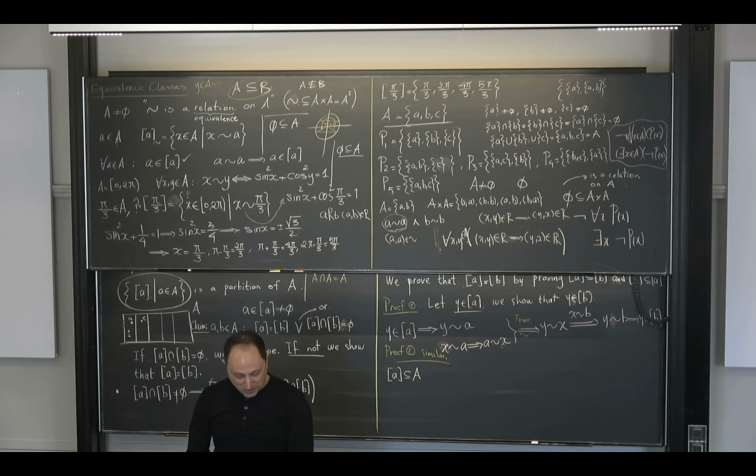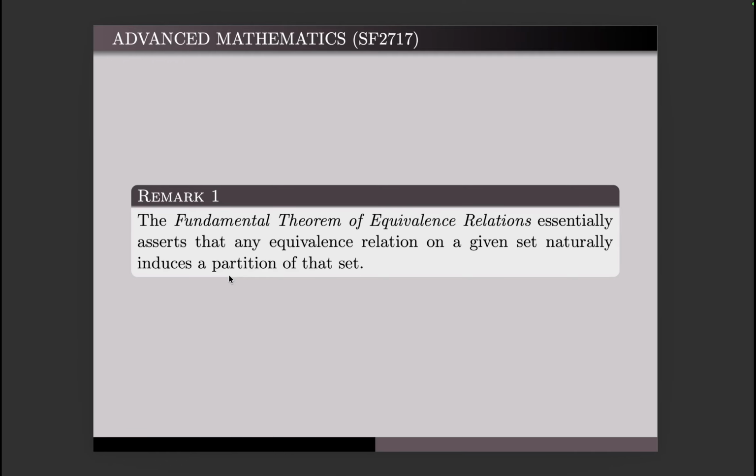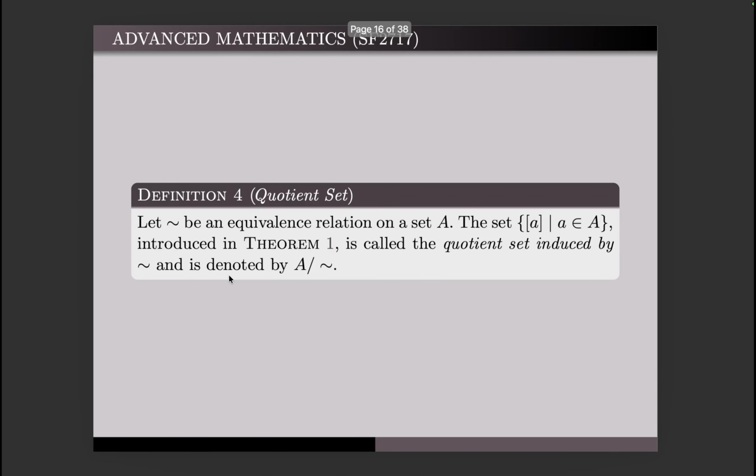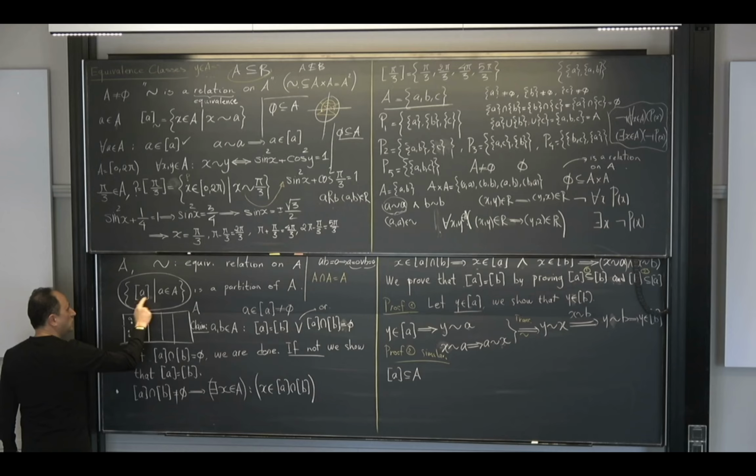So let us go to the next one. It means that an equivalence relation naturally induces a partition on your set, exactly as we described here. And then there is a name for this set. We will see that this becomes important later. This set is called the quotient set, and it is denoted by A over the relation, like a fraction line with the relation written below.